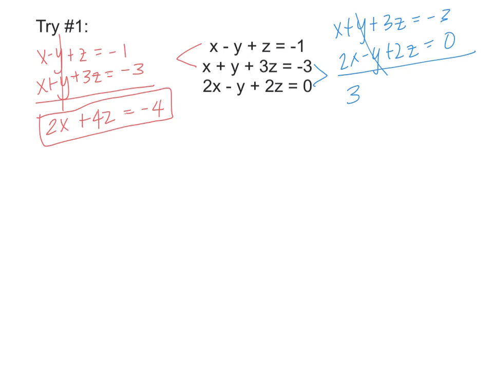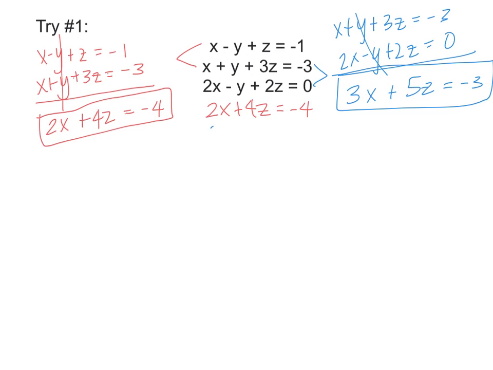So I'm left with 3x plus 5z equal to -3. All right, now that I've got those two, I need to stack those two. So I have 2x plus 4z equals -4, and I have 3x plus 5z equal to -3.